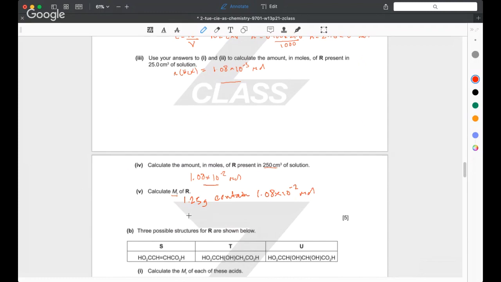Now, we can calculate the molar mass of R. Molar mass has the units of grams per mole. So to get the molar mass of R, we've got to divide the grams, or the mass, by the amount.